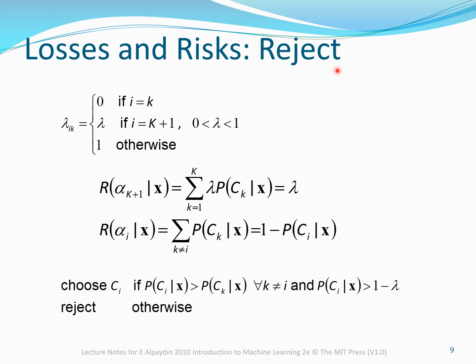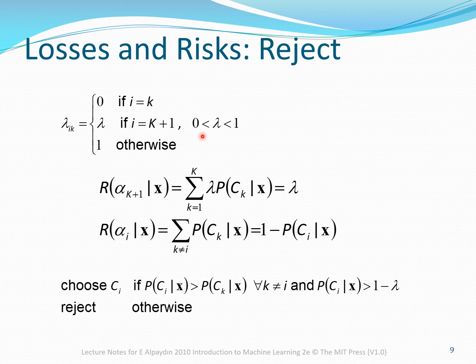A possible loss function is lambda_ik equals 0 if i equals k, equals lambda if i equals k plus 1, where lambda lies between 0 and 1, or else it is 1.